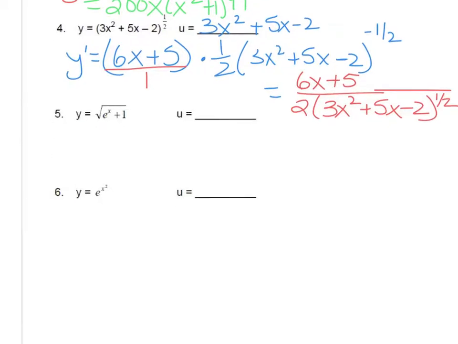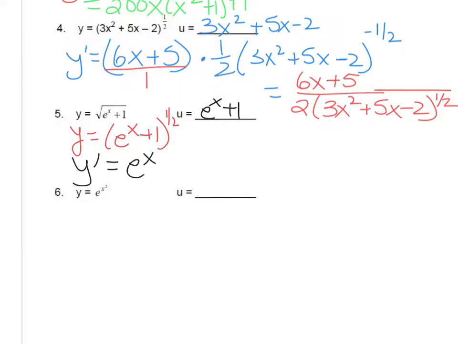So number 5 is very similar to 4 because the square root is a power of 1/2. So our inside equation is e to the x plus 1. So our derivative is the derivative of u, so that's e to the x, times the power rule, so the 1/2 becomes the coefficient, and then subtract 1 from the exponent.